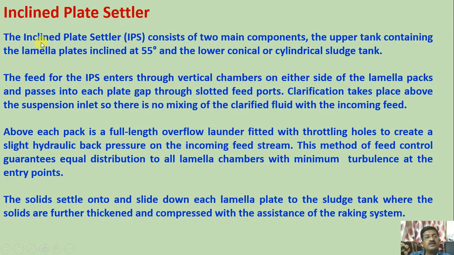The inclined plate settlers, generally called IPS, consist of two main components: the upper tank containing the lamella plates inclined at 55 degrees, and a lower conical or cylindrical sludge tank. The feed for the IPS enters through vertical chambers on either side of the lamella packs and passes into each plate gap through slotted feed ports.